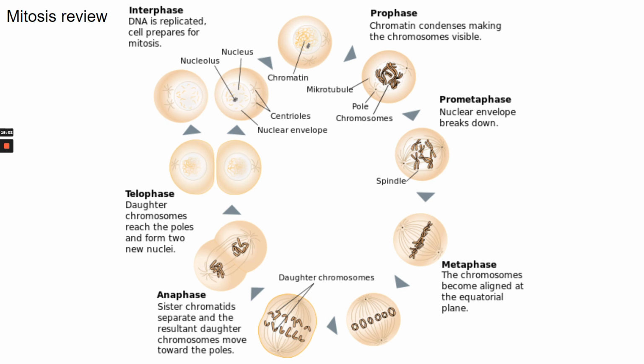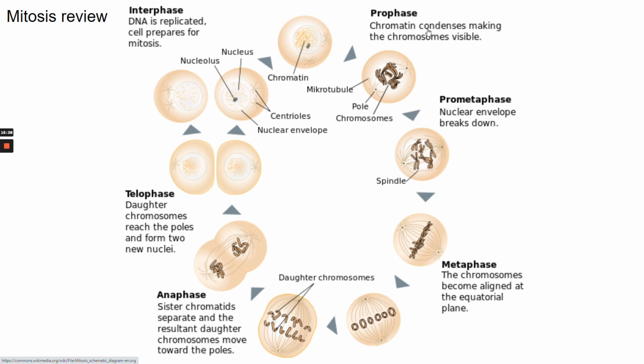We look at an overview again, showing the same thing just in a little bit different way. We start off in interphase. The chromosomes copy, the DNA copies during interphase.